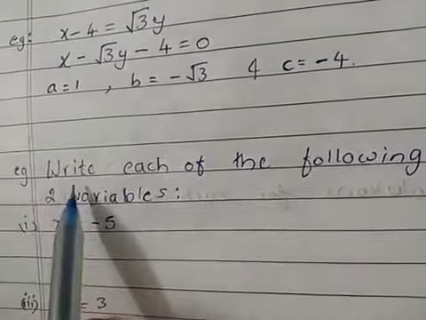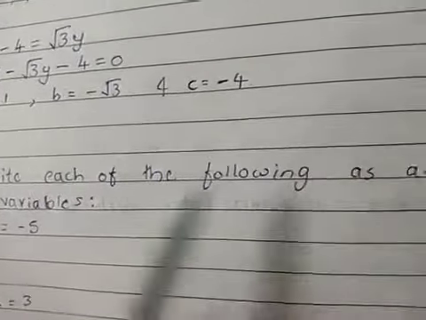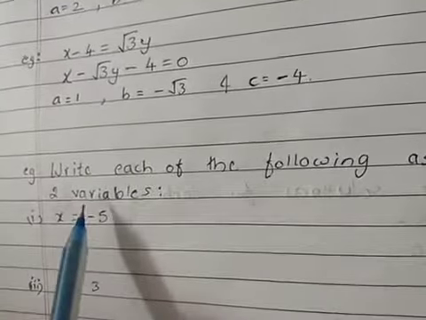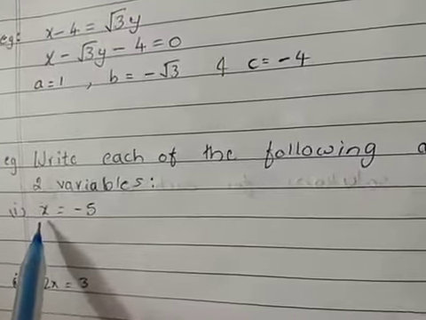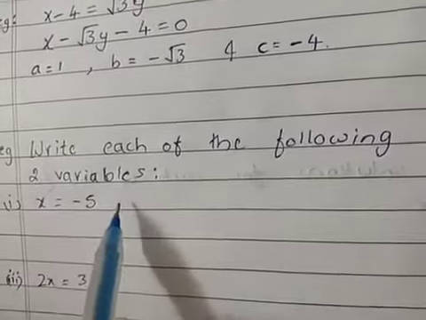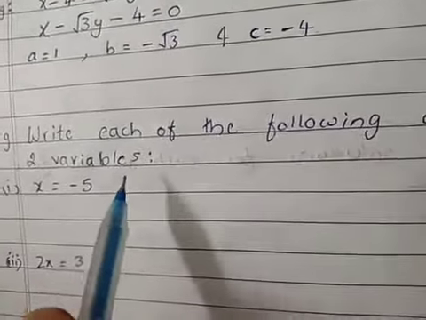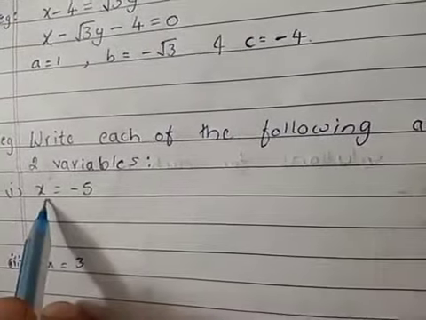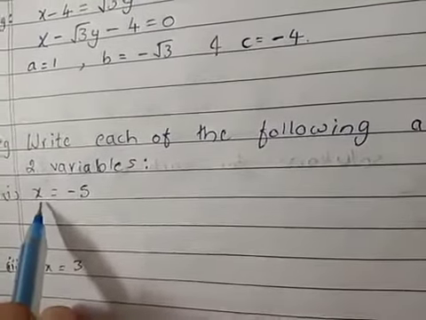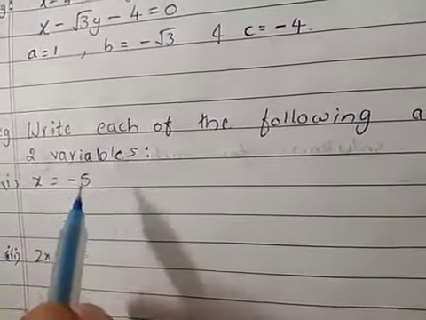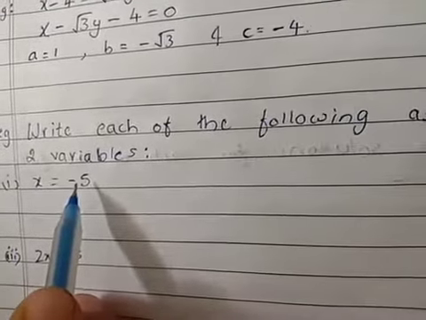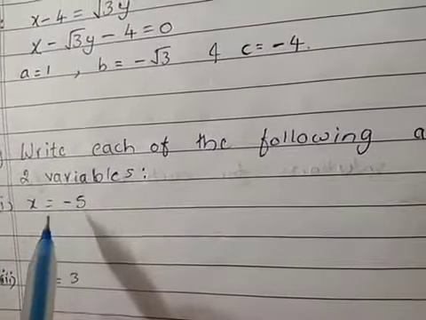Now let's solve one more example. Write each of the following as an equation in two variables. First one is x equal to minus 5. How can this be written in ax plus by plus c form? Here the value of x is given as minus 5, y is not given, so it is 0.